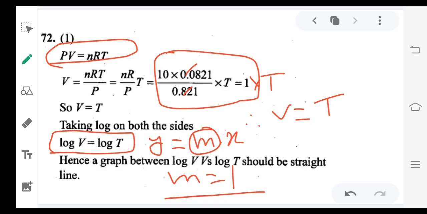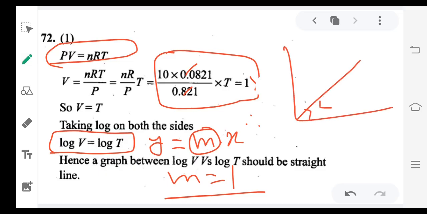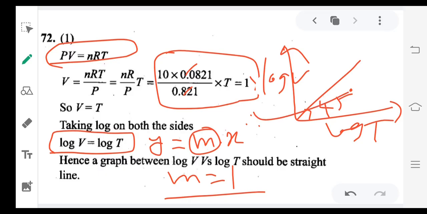So which graph is correct? The graph will look like this, Y = mx, so your angle must be 45 degrees. On the y-axis is log V, on the x-axis is log T. So this is the answer.